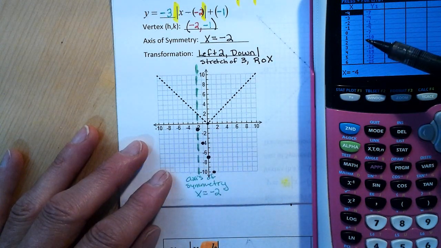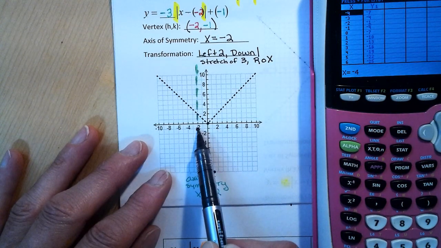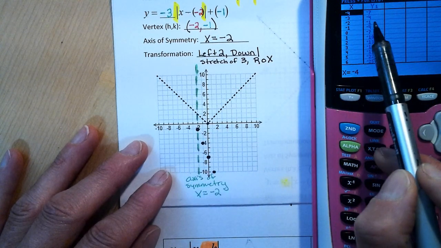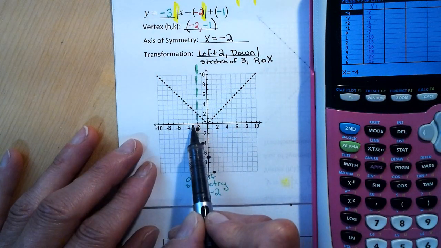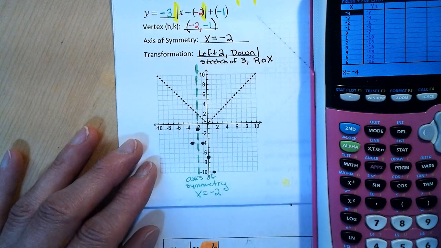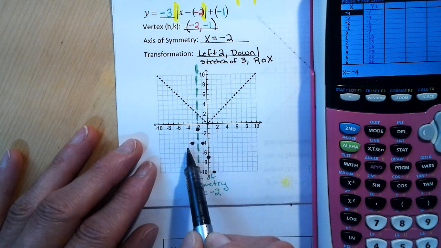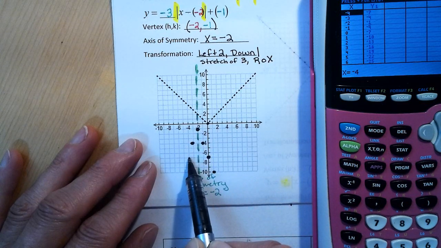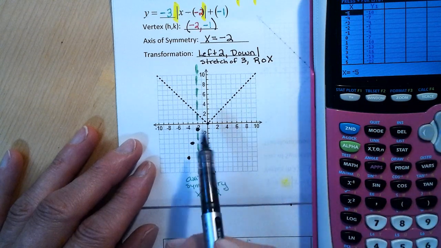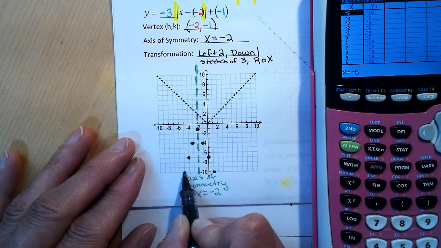And then I have -2, -1, which is what I plotted. And then I have -3, -4. I'm coming back down again. Okay, this is what was expected. And then I have -4, -7. And if I go up one more, -5, -10.